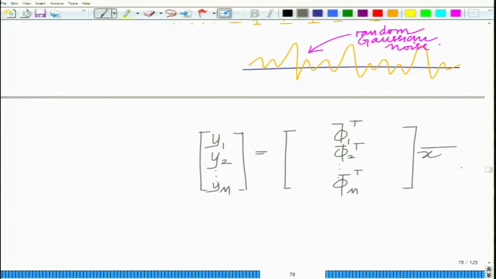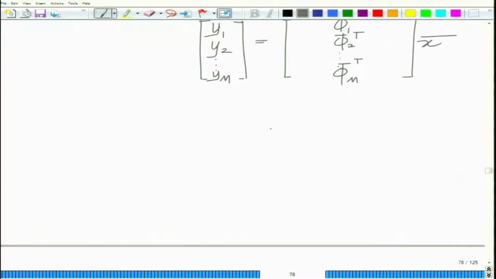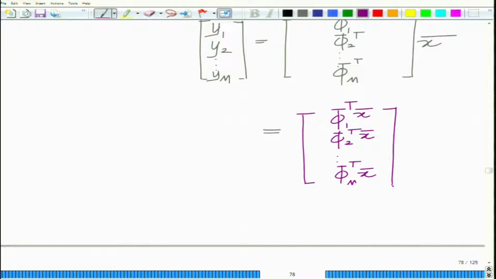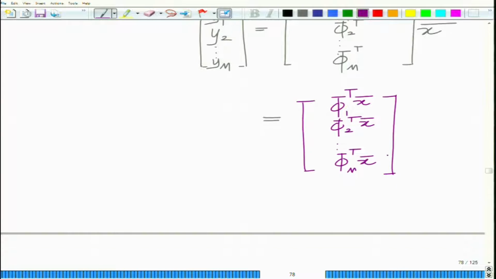So, this is equal to phi 1 bar transpose x bar, phi 2 bar transpose x bar, phi m bar transpose x bar. So, each is a projection.